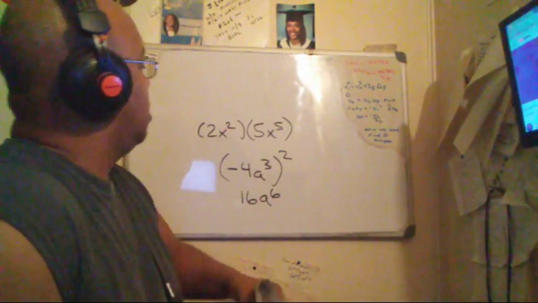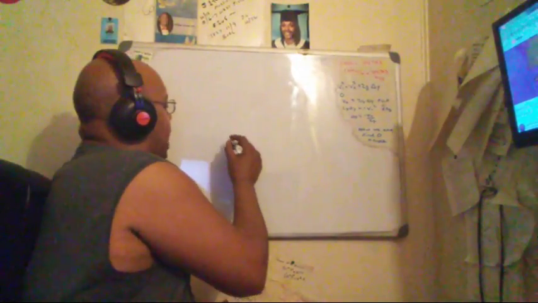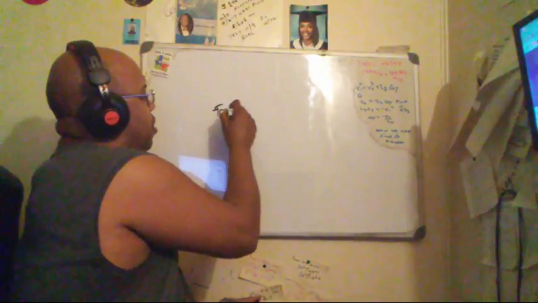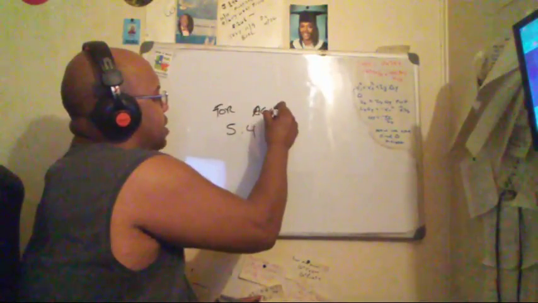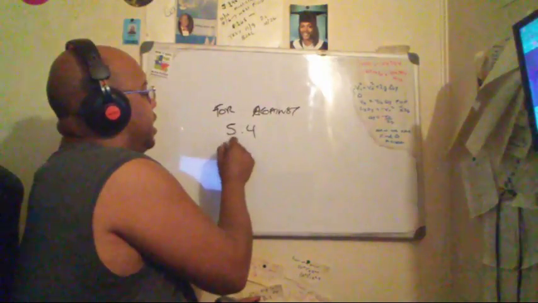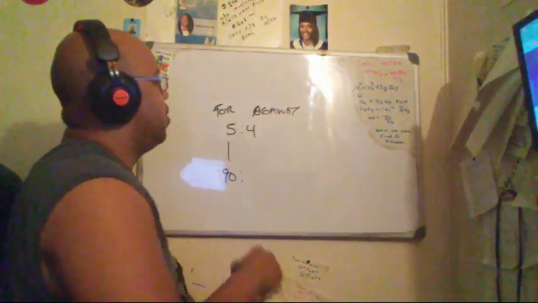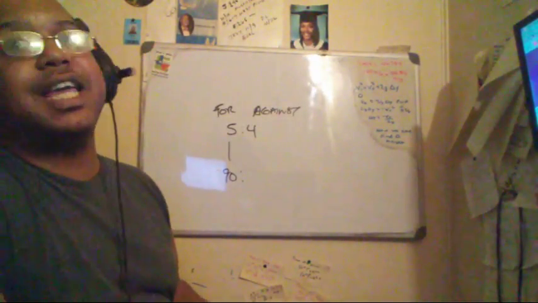We would have a 5 to 4 ratio. So this would be 4, and this would be against. If 90 voted for, then they want to know how many voted against.